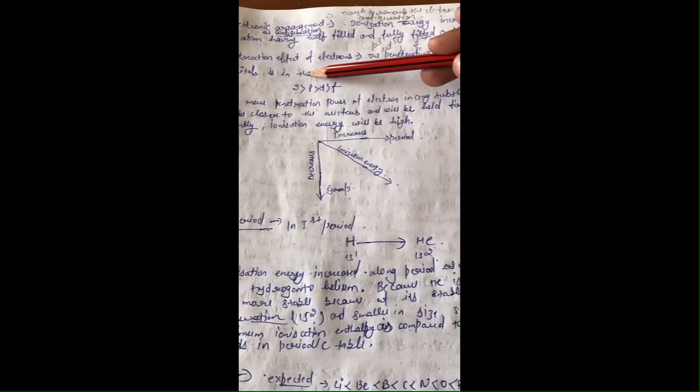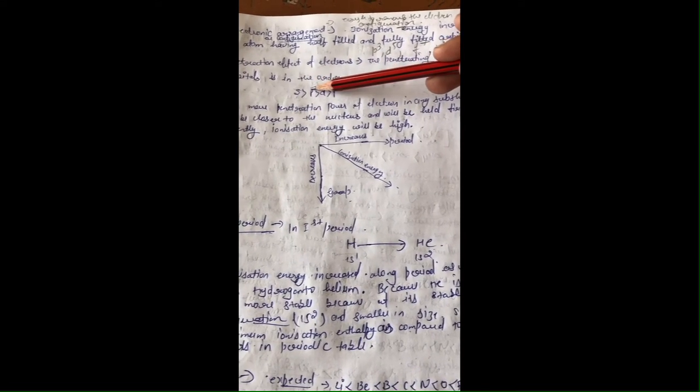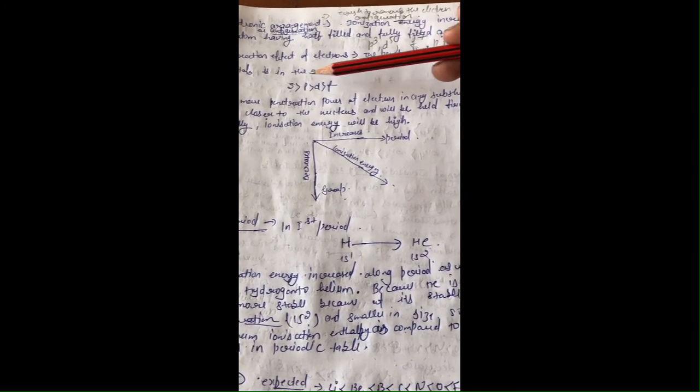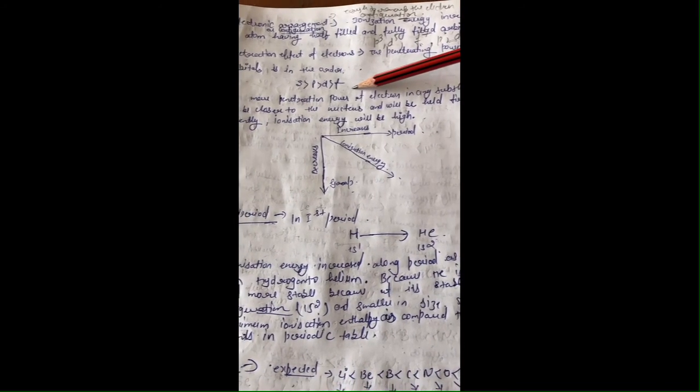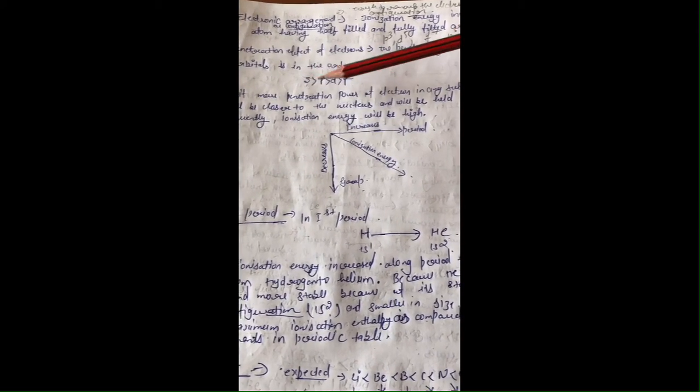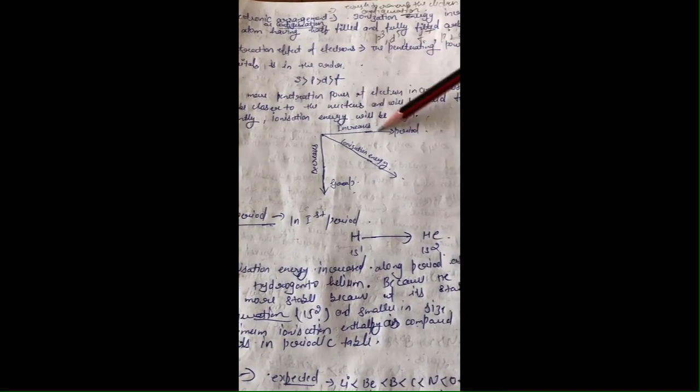The penetrating power of orbitals is in the order s is having more penetration effect as compared to p, then d, and then f. So firstly, what is meant by the penetration effect? It means if there is more penetration power of an electron in any subshell, that indicates that it will be closer to the nucleus.